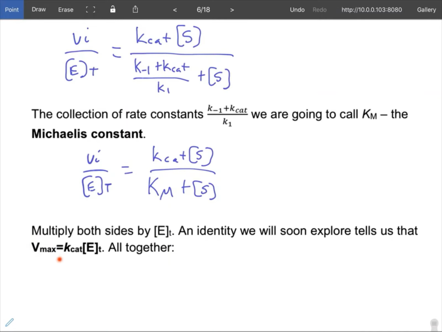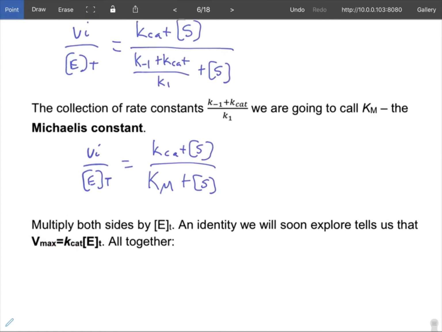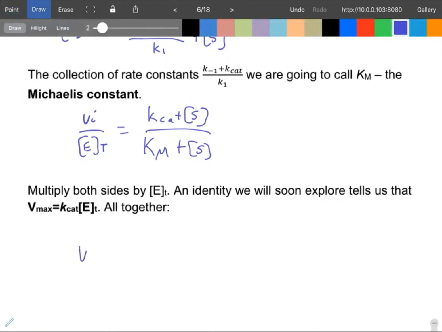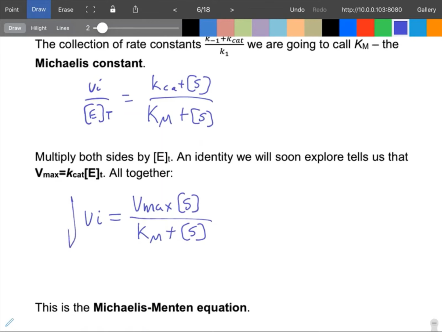And this identity we'll look at later on is that if we multiply kcat times ET, that gives us this new parameter called Vmax. And we'll explore what that is. So now multiply both sides by that, and we end up with initial velocity equals Vmax times the substrate concentration divided by Km plus the substrate concentration. This is the Michaelis-Menten equation.